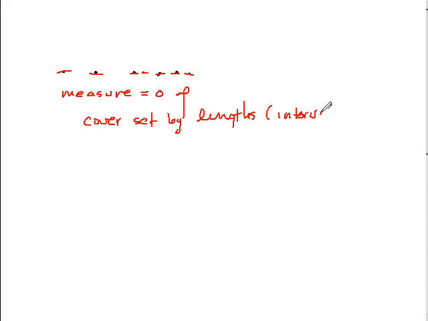So that's the concept of it's a measure 0 if you can cover the set by lengths or intervals or balls or disks or whatever have you, so that the summation of the lengths is arbitrarily small.